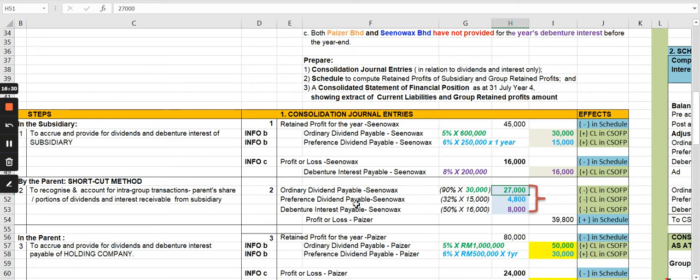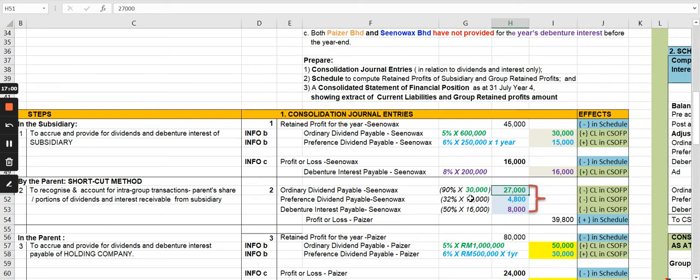So this is the shortcut method of accounting for the intra-group transaction. So this is what you earlier have debited in the retained profit, and now this is being credited to the profit or loss of Pfizer, and that would be 27,000, because 90% times 30,000.